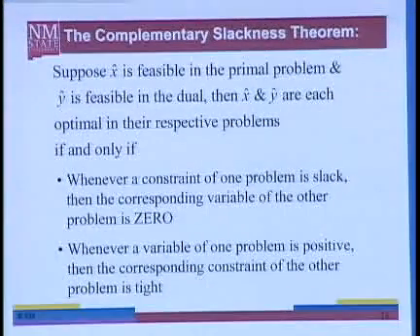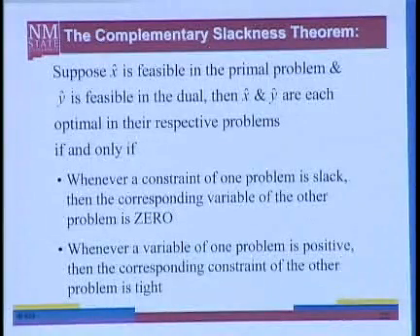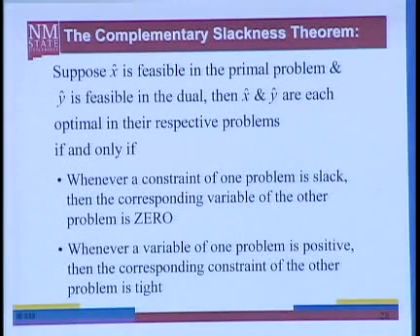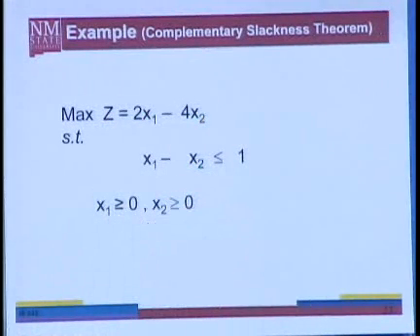And I want you to recall that the primal and dual problems are closely related to each other, so that the optimal solution of one problem automatically provides the optimal solution to the other problem. The next example problem will show how this works, and we are going to use the complementary slackness theorem to show that.